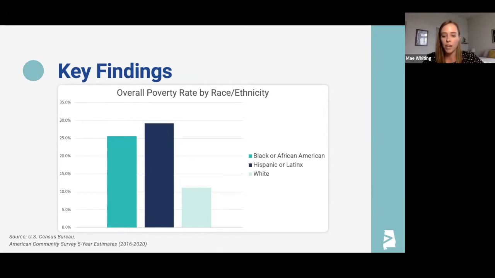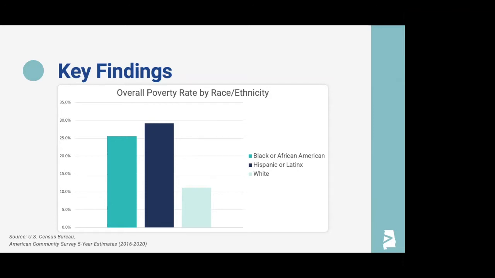The poverty rate of Black or African American Alabamians is 25.6% in that teal blue bar, compared to the poverty rate of 29.2% for Hispanic or Latino Alabamians in that dark blue bar, compared to a poverty rate of 11.2% for white Alabamians in that light blue bar.